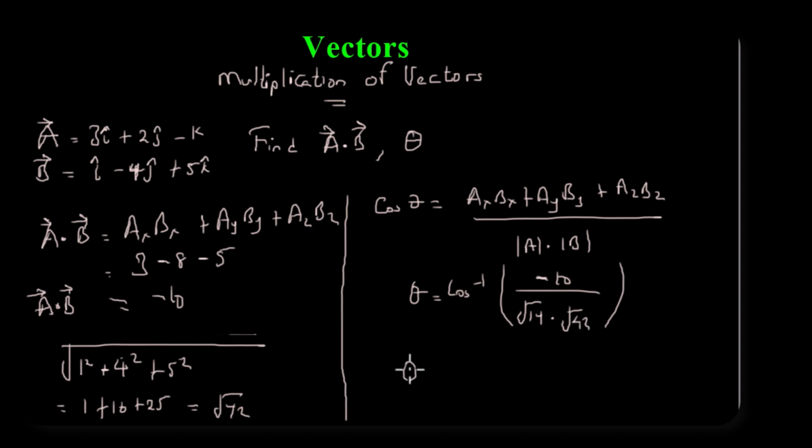And then our theta, pressing everything in the calculator, we simply have cos inverse of minus 10 over root 14 times root 42. So our final answer here would be 114.36 degrees. So this is the angle between the vectors A and B.